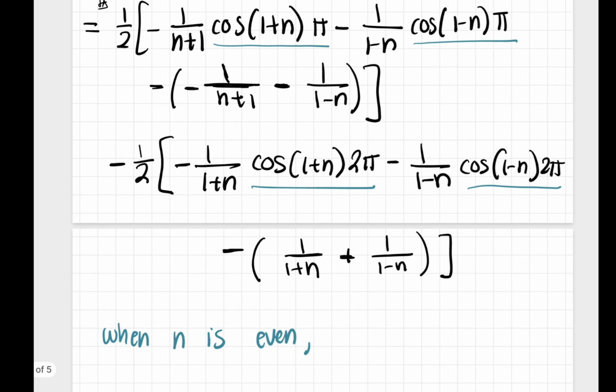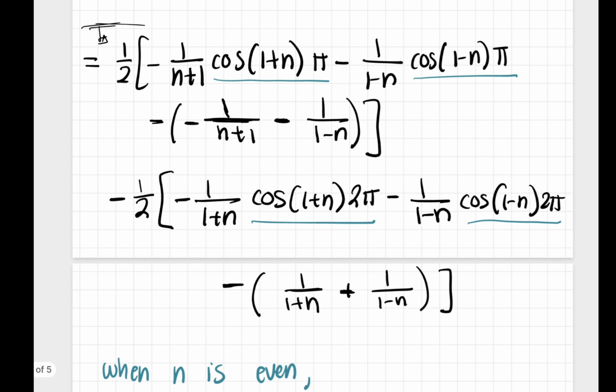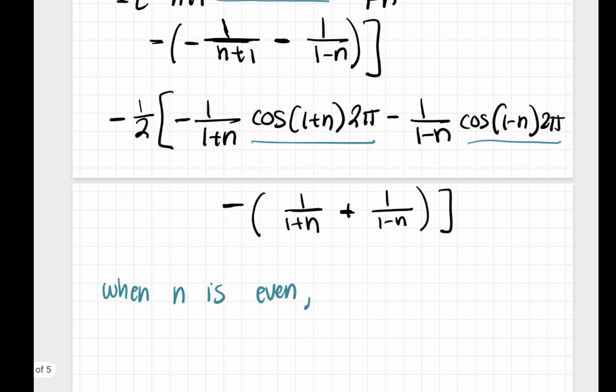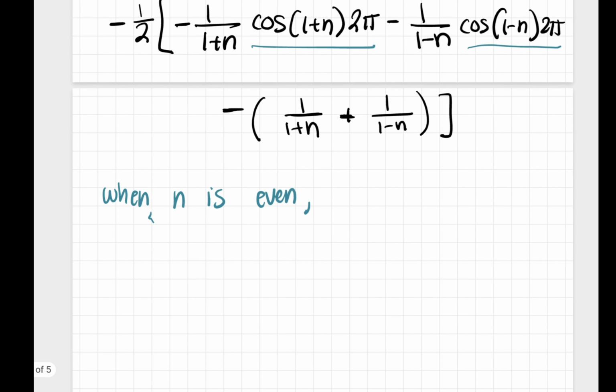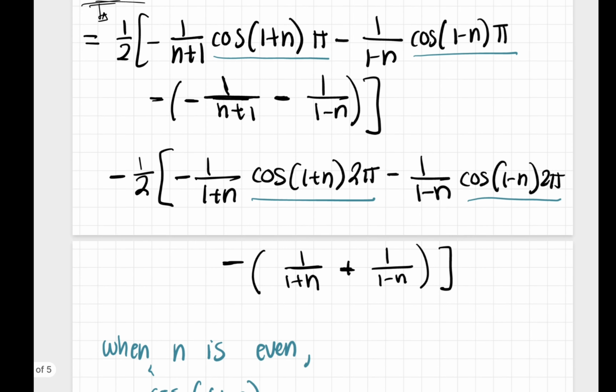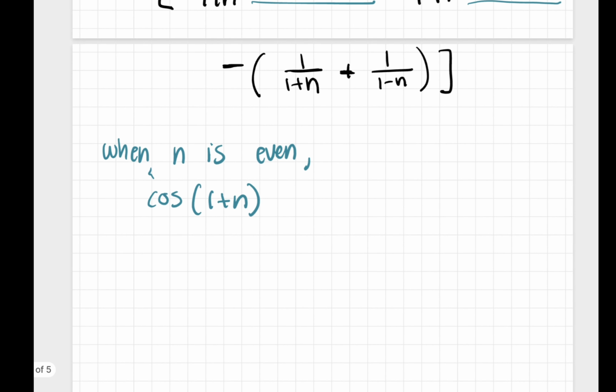then we have to find the value for all of these, because we know that cos of π is −1, cos of 2π is 1, and if you add 2π to each one of those, it's going to give you the same answer. So when n is even, for cos(1 + n)π, like over here, let's see what it would be equal to.